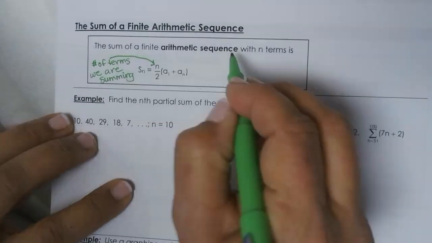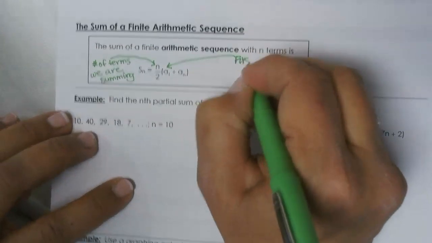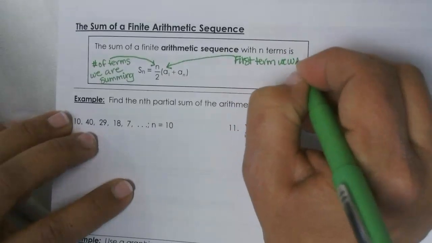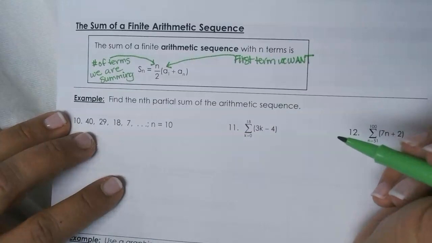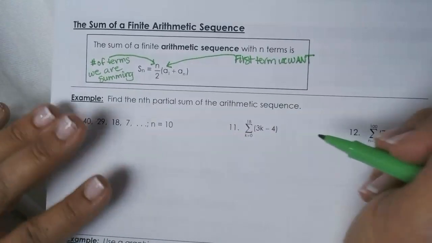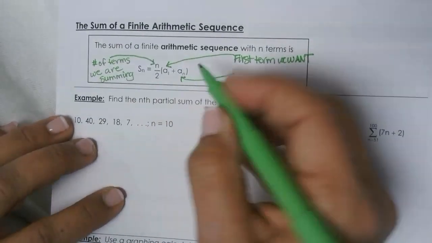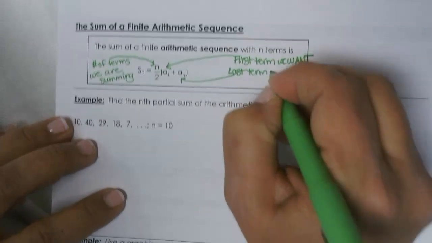A sub 1 is the first term that we want, not necessarily the real first term of the sequence, but the first term we want. You'll see what I mean in a minute. And then a sub n is going to be the value of the last term that we want.